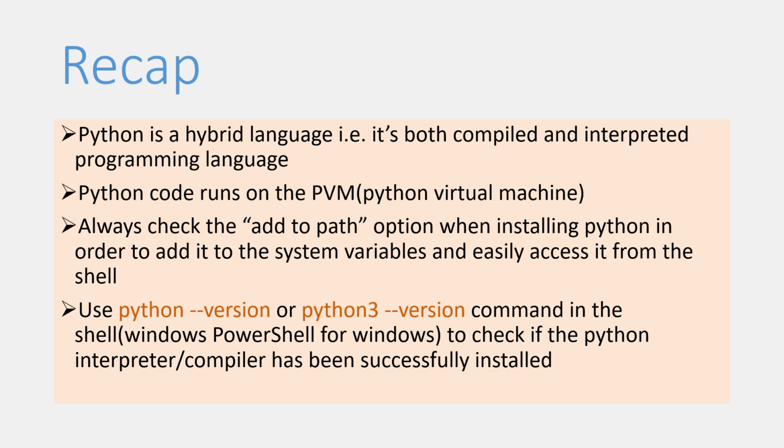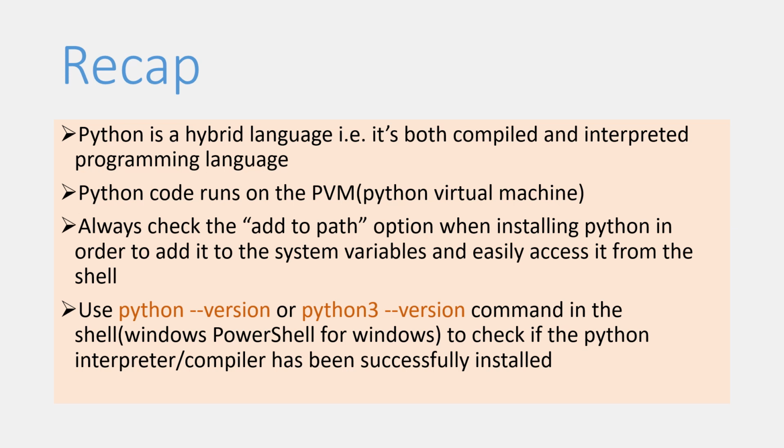Then there are points which I've emphasized much. Always check the add to path option when installing Python in order to add it to the system variables and easily access it from the shell. Always check that one. And above all, don't forget the command python --version.